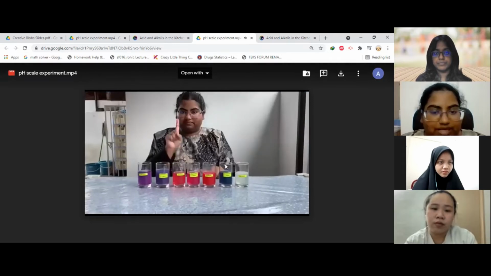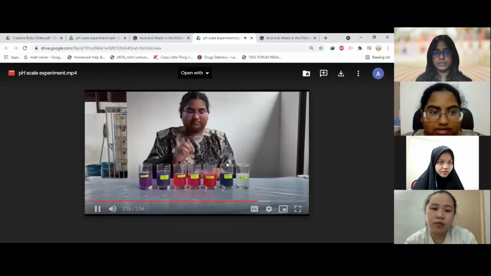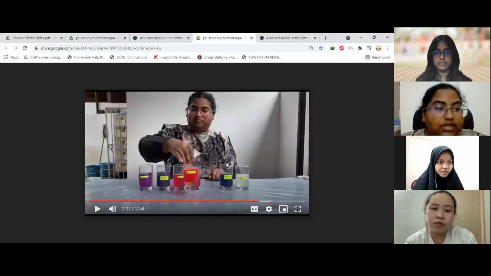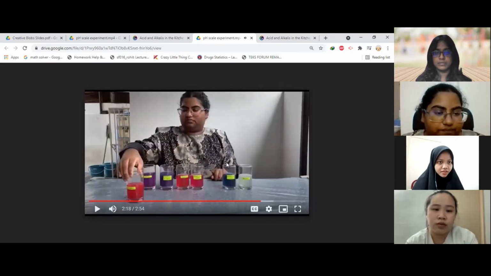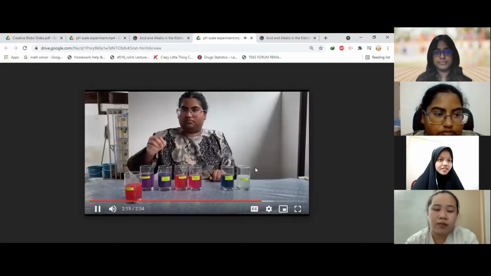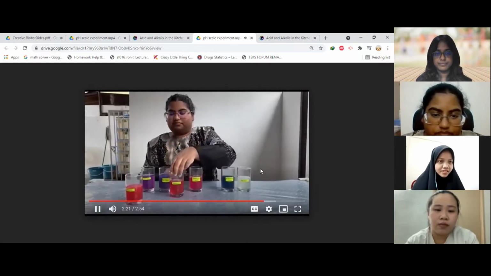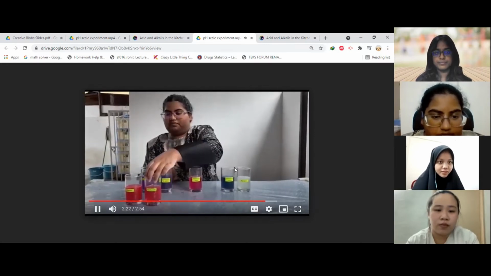Okay, the first one I've shown you, it's lemon. I'm sure you all knew that since it's red. What do you think the second one is going to be? Vinegar. Vinegar, okay? Because it's also pink, correct? Let's see. Correct, very good.